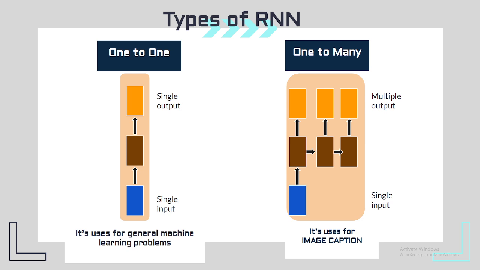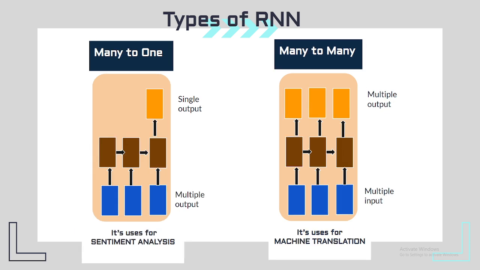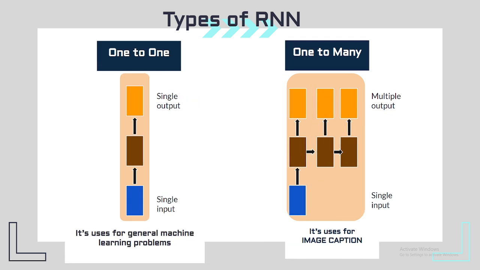There are 4 types of RNN. They are one-to-one, one-to-many, many-to-one, many-to-many. In one-to-one types, there is a single input and single output. It's generally used for general machine learning problems. In one-to-many types, there is a single input and multiple outputs. It's used for image captioning.